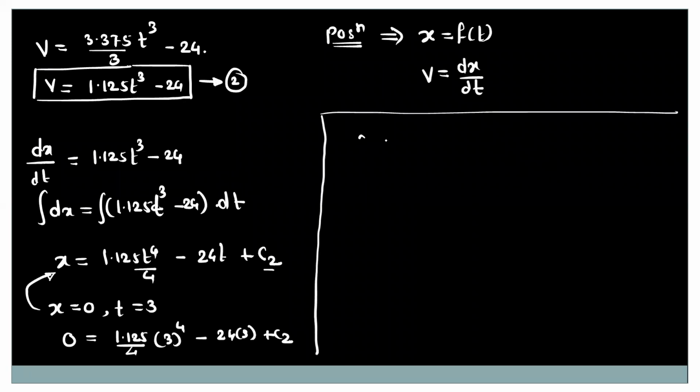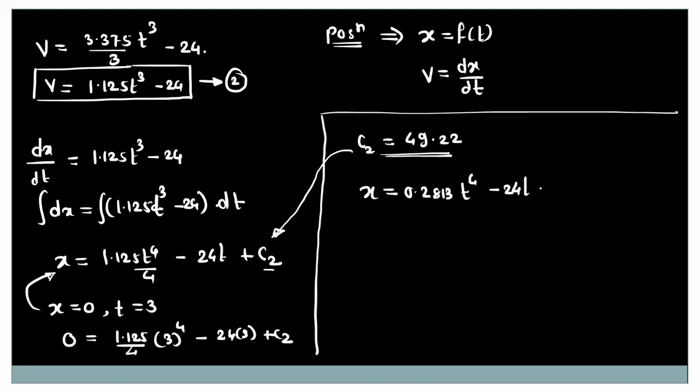So c2 is equal to 49.22. So check this answer. And now put this value c2 again in the equation of position. So x is equal to, just simplify this, 1.125 divided by 4, so that is equal to 0.2813 t raised to 4 minus 24t plus 49.22. So this is the final equation for position as a function of time.